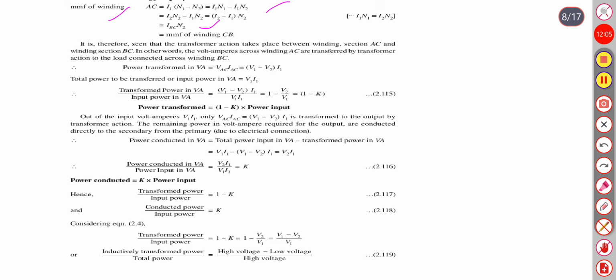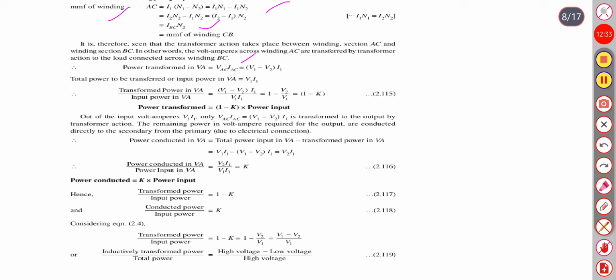It is therefore seen that the transformer action takes place between winding section AC and winding section BC. In other words, the volt ampere across winding AC is transferred by transformer action to the load connected across winding BC.